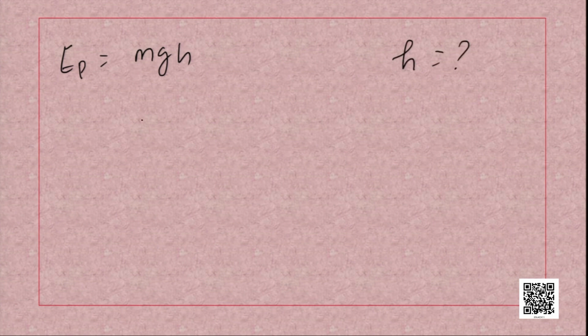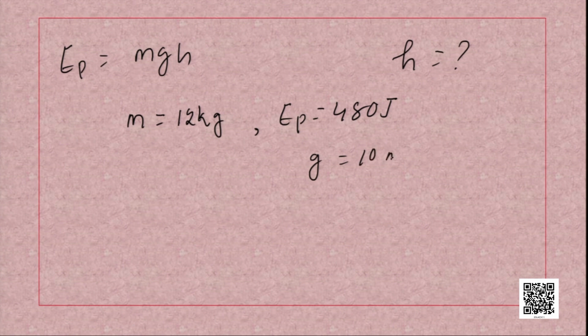So, the solution will be, here we can write it as EP is equal to mgh. The h we need to find out. Mass is given to us as 12 kg, and the EP, that is your potential energy, is given to us as 480 joule, and the acceleration due to gravity we will consider as 10 meter per second square as per the question.